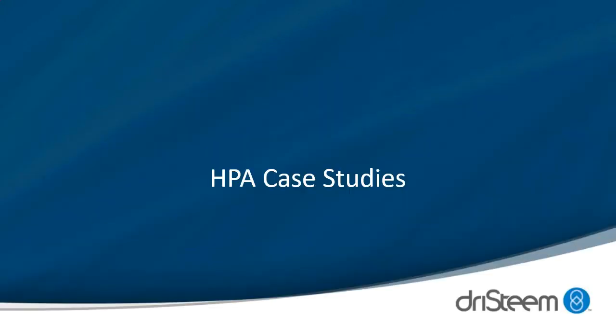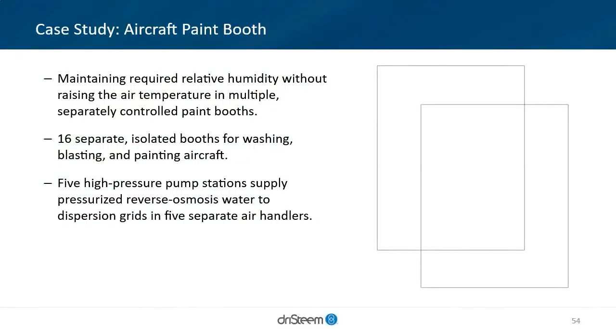So I do want to wrap up on a positive note. From a case study perspective, we talked about applications. And really the next three or four, I can't remember how many I put in here, lay out what DriSteem has done, where our success stories are, and how we can replicate that. So it's missing the photo on the right, but essentially it's the picture of the case study.